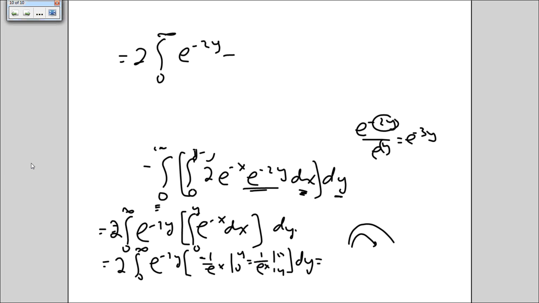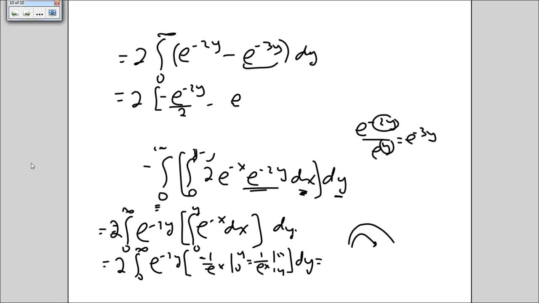Negative 2y minus y, negative 3y. Okay, e to the negative 3y dy. The first integral is e to the negative 2y over negative 2. I'll put the negative on top, minus. This integral is going to be e to the negative 3y divided by negative 3. That's going to make it positive, from 0 to infinity.